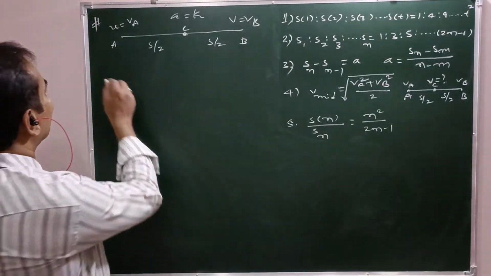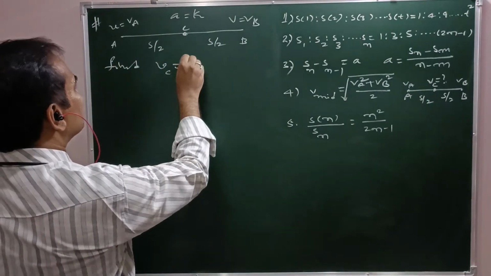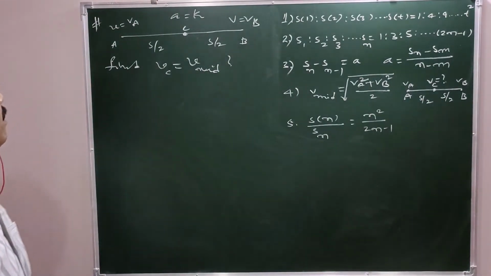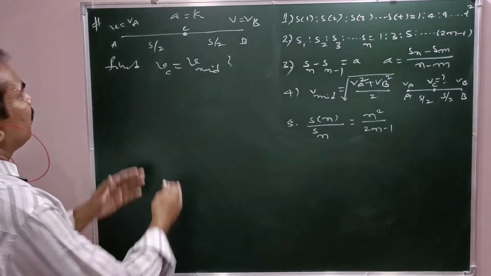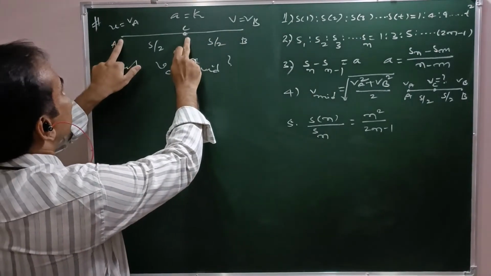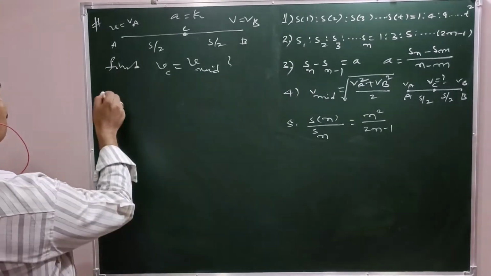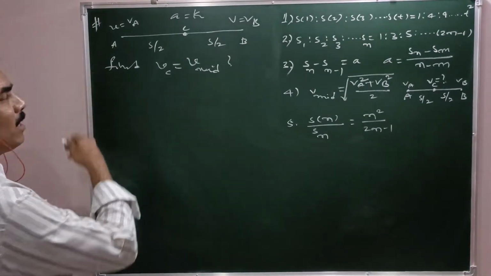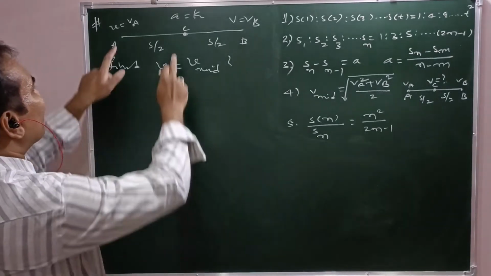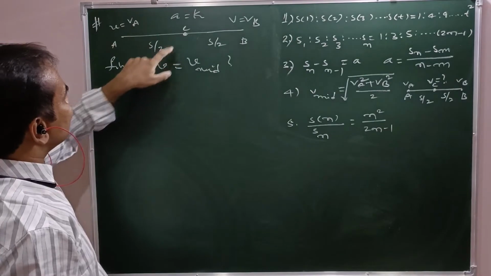Now find V at C, that is V mid. Divide the diagram into two segments: AC is the first segment, CB is the next segment. Take one of the kinematic equations, V square minus U square equals 2AS. For A to C, VA is the initial velocity and VC is the final velocity.